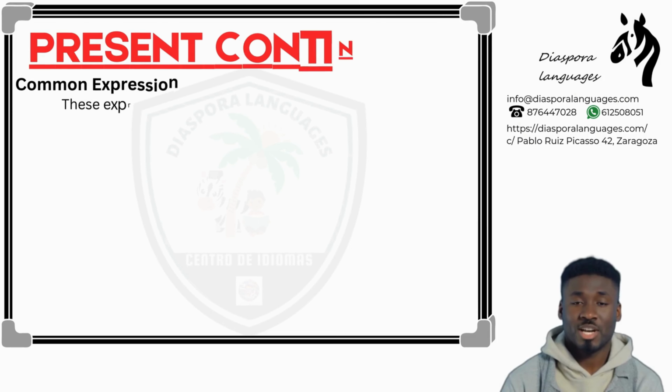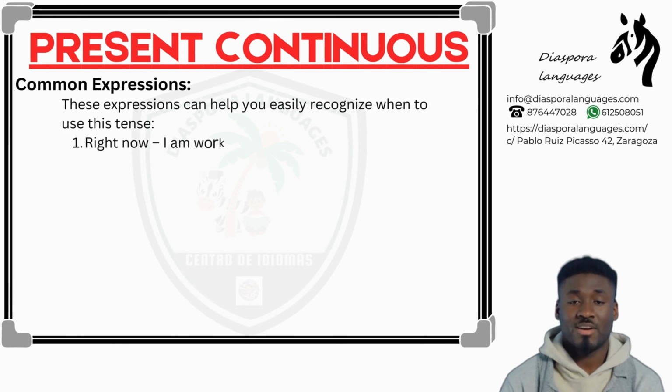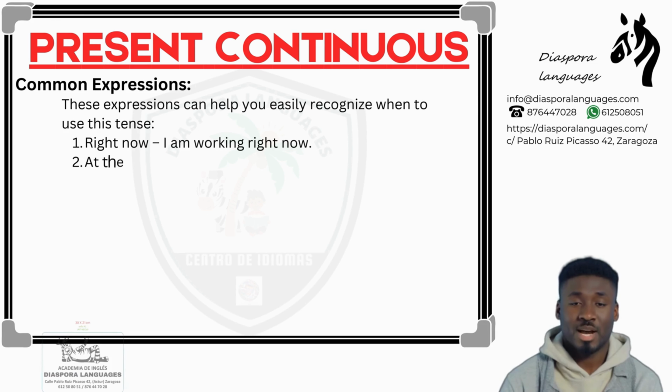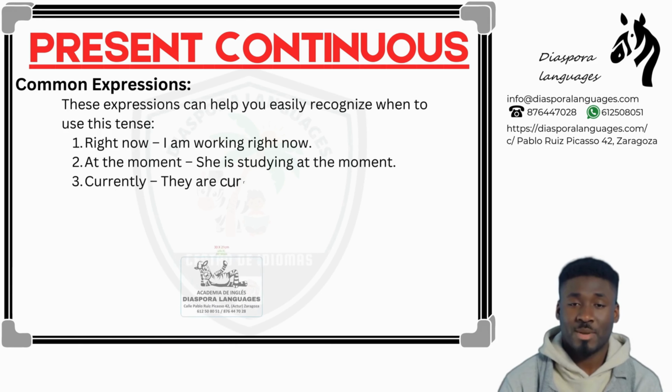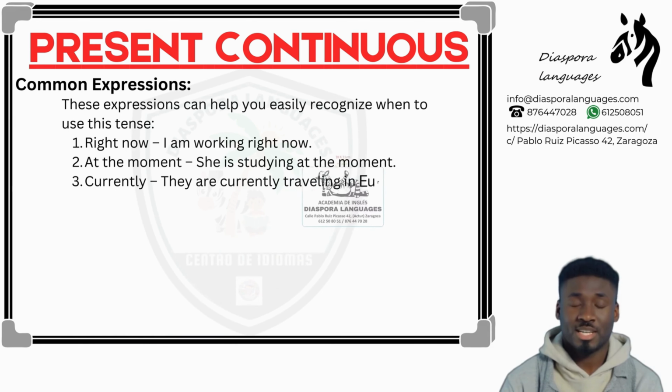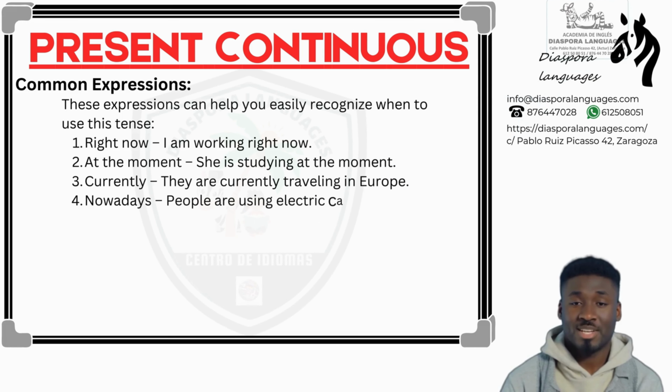There are certain expressions that we often use with the present continuous. These expressions can help you easily recognize when to use this tense. For example, 1. Right now. I am working right now. 2. At the moment. She is studying at the moment. 3. Currently. They are currently traveling in Europe. 4. Nowadays.